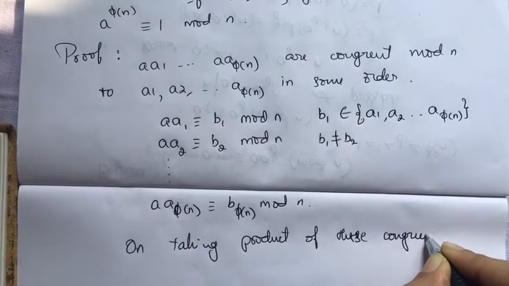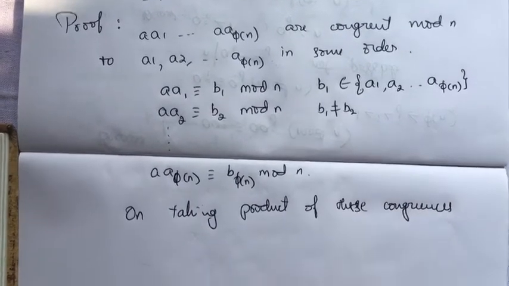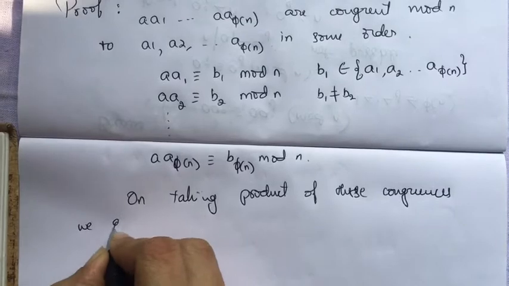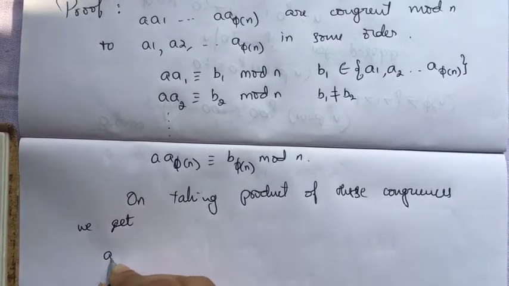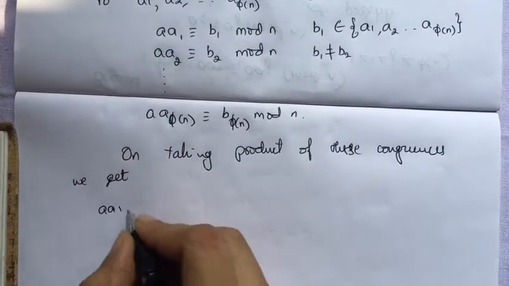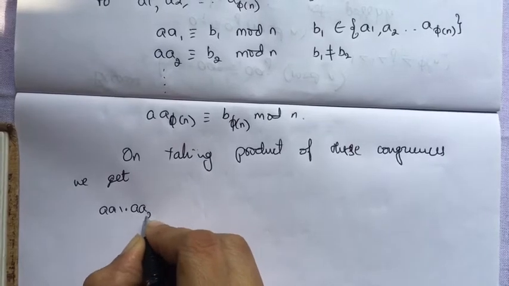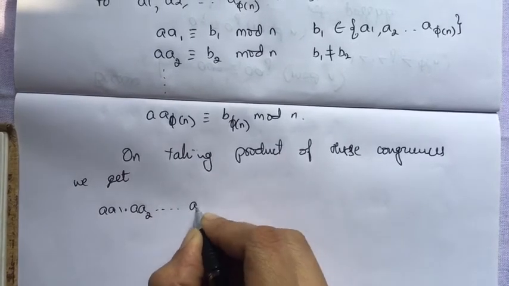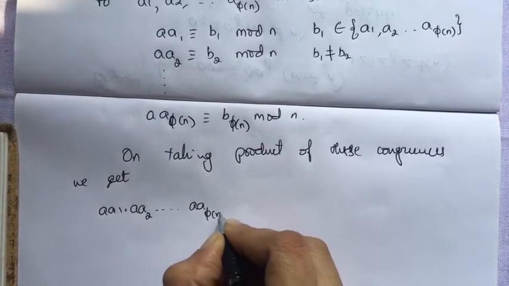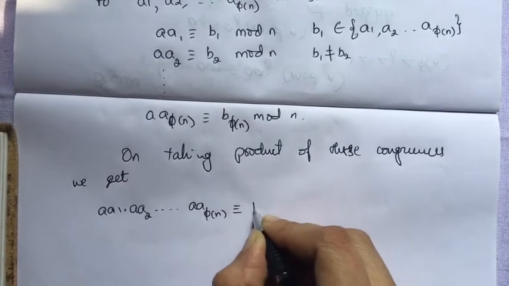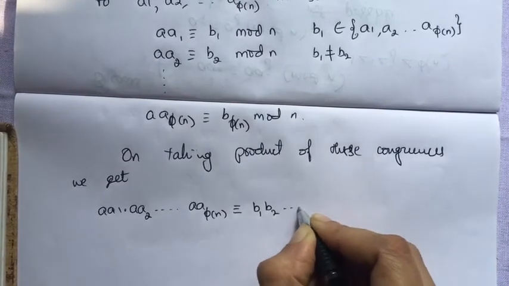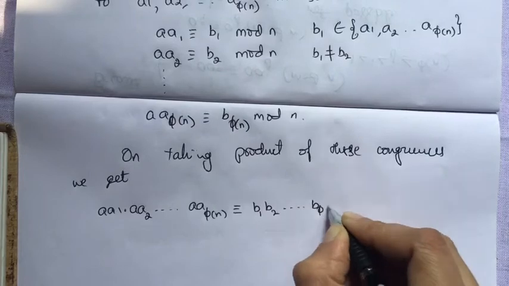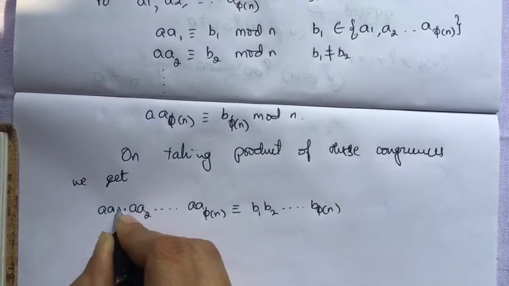On taking the product of all these congruences, we get this.